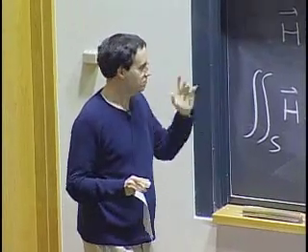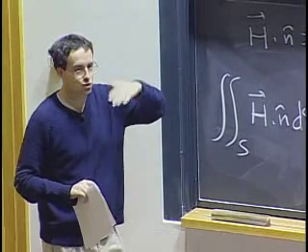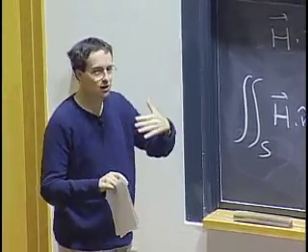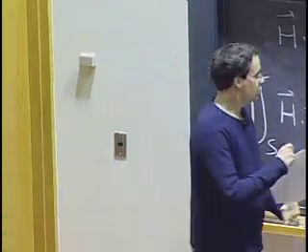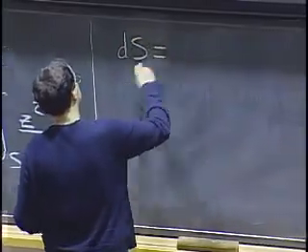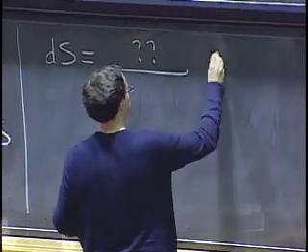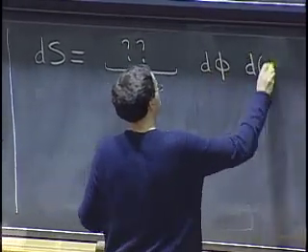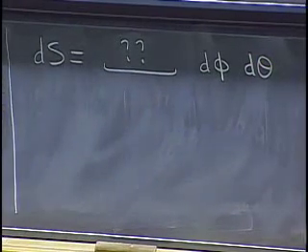But since cylindrical coordinates, we've actually learned about something much more interesting, namely spherical coordinates. It looks like longitude, latitude is the way to go when trying to figure out where you are on a sphere. So we're going to use phi and theta. And of course, we have to figure out how to express dS in terms of d phi and d theta.